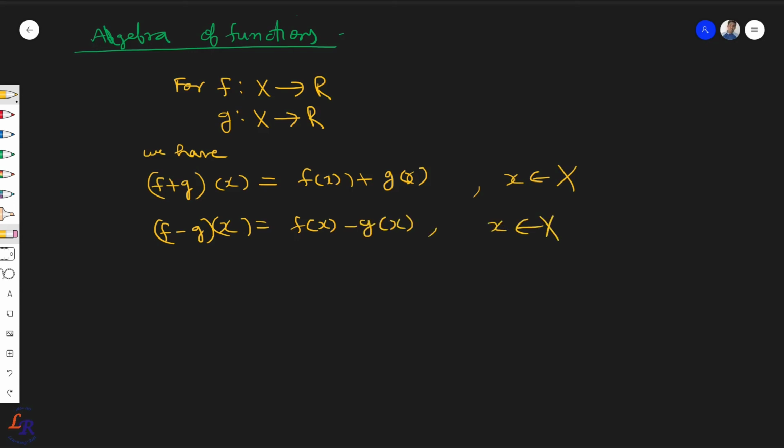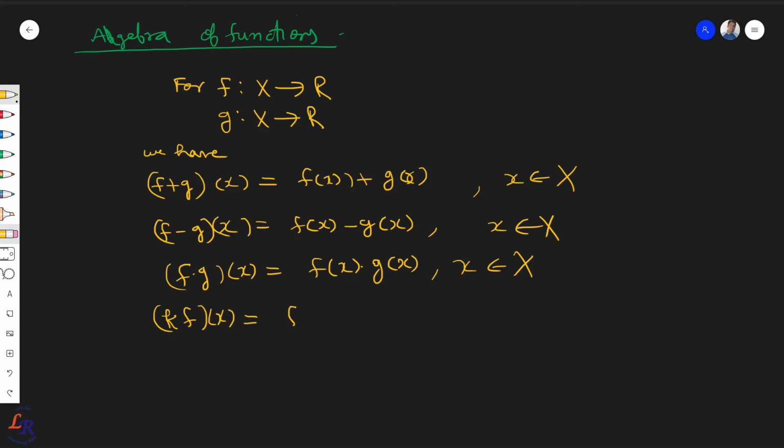For x an element of X, the product (f · g)(x), you can write as f(x) · g(x), for x an element of set X. You can also have a multiplication of a constant with the function, and you can write (k f)(x) = k · f(x), where x is an element of X and k is an element of the real numbers.